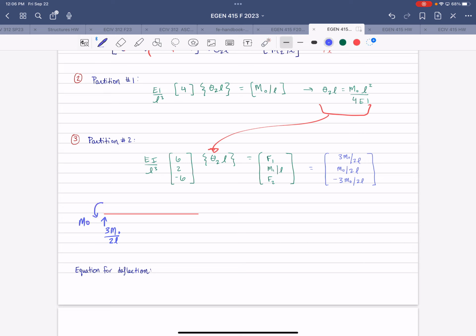That would be M0 over 2. We have the applied load, which was M0 in the positive direction on the right end. And then our reaction force, 3M0 over 2L in the negative direction.